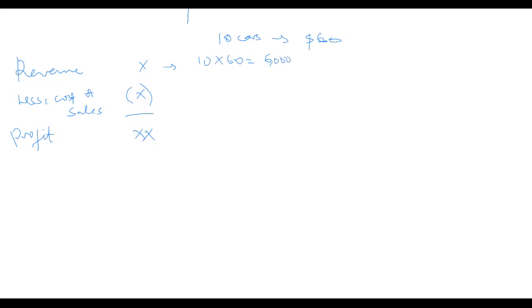If we use the marginal costing method, the cost of sales, the cost you incur in ensuring these cars have been repaired, is that 6.4 times 10, which gives us 64. So 600 minus 64, to give us a gross profit of 236.